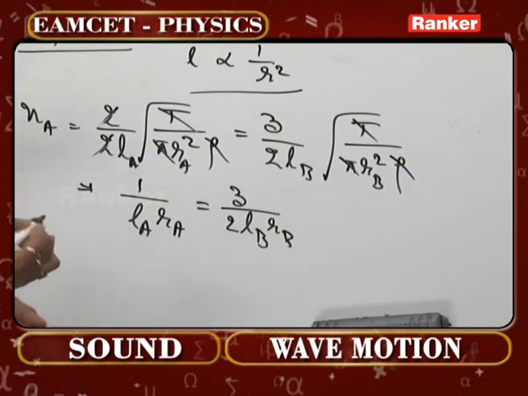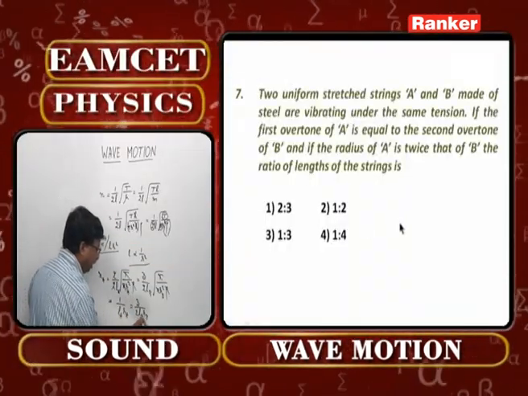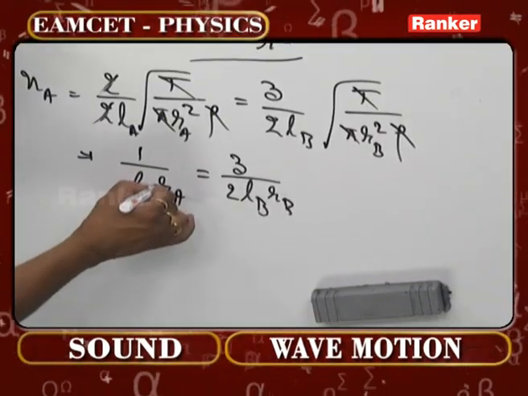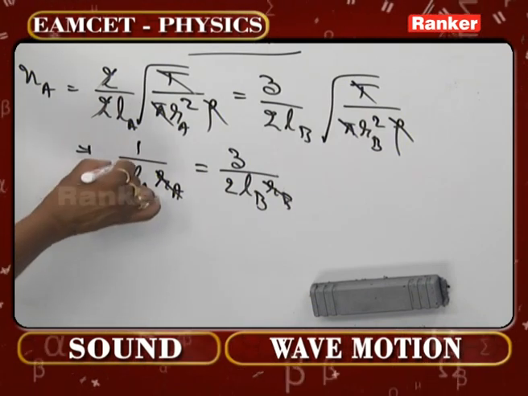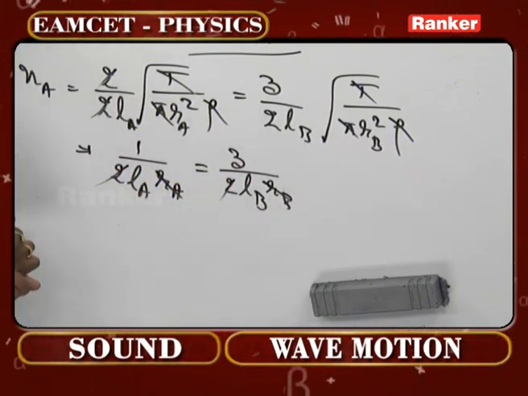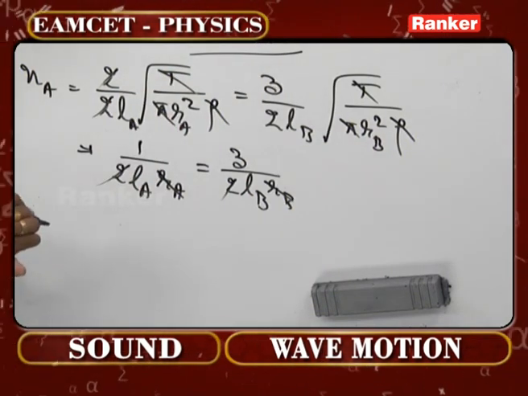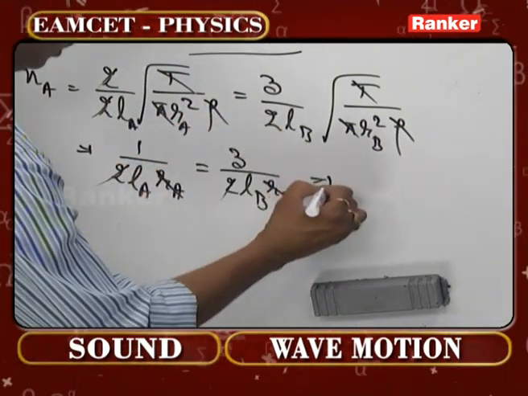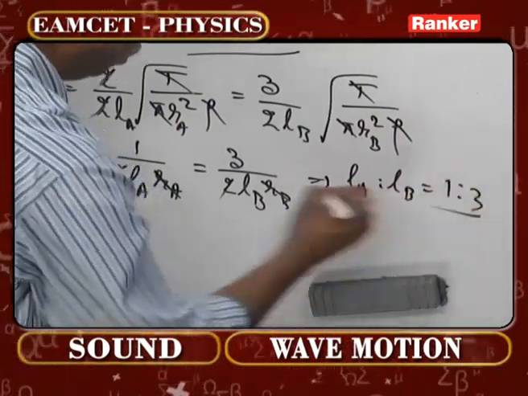Now what is the question he is asking? The ratio of lengths. Ra is twice Rb, as he has given. Therefore this gets cancelled and you are left with 2. This 2 and this 2 get cancelled. Then what will La by Lb be? La is to Lb will be 1:3.